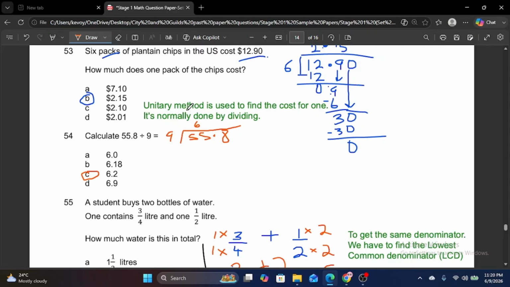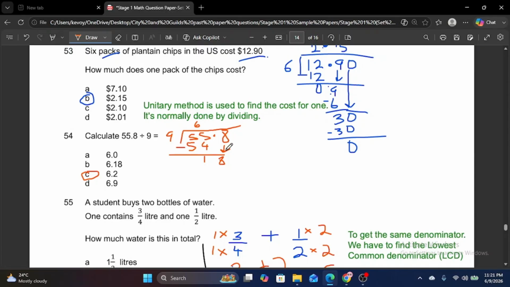9 into 55 goes 6 times, because 6 times 9 is equal to 54. Afterwards, we subtract. If we subtract that, we will get 1. And after we subtract, we always bring down. So we bring down the 8. So now we have 18.